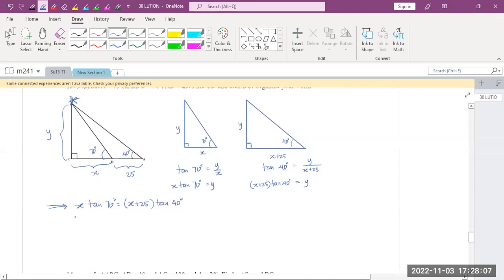Anyway, I distribute the tangent 40 on the right hand side: X tangent 40 degrees plus 25 tangent 40 degrees.